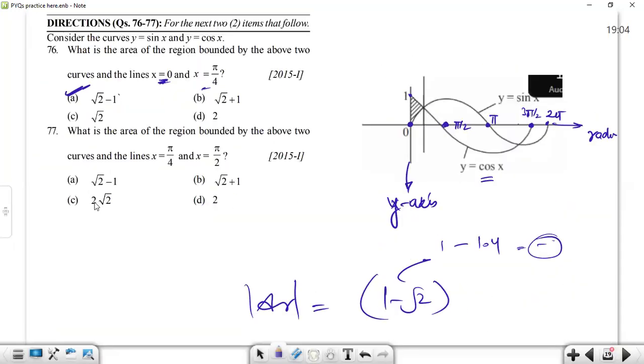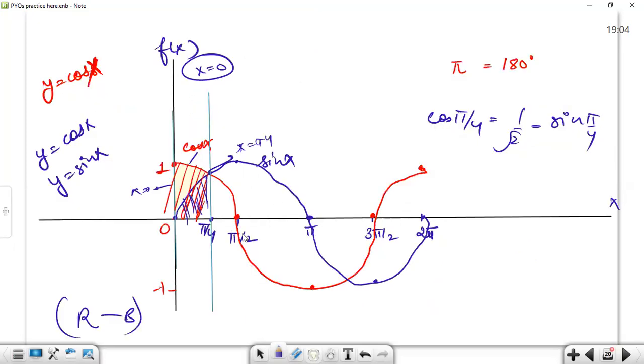Now going back, what is the area bounded by the above two curves and the lines x equals pi by 4 and x equals pi by 2? So let's draw another line, x equals pi by 2.